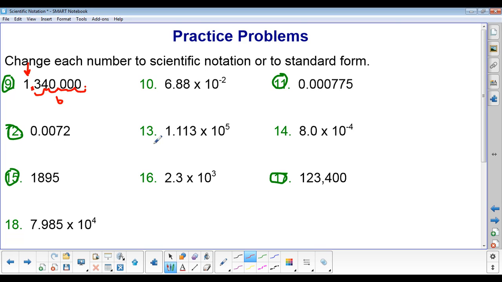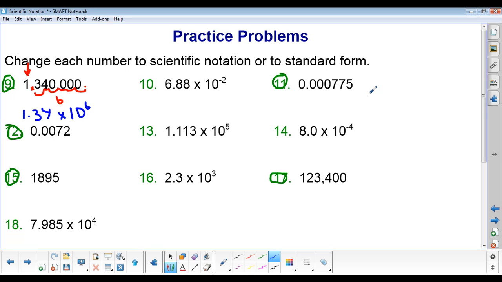That number is going to be my exponent on the power of 10. Once we rewrite it in scientific notation, we only need to write down the digits that aren't 0. So I'm going to write down 1.34. I don't have to write down all these zeros, times 10 to the 6th power.